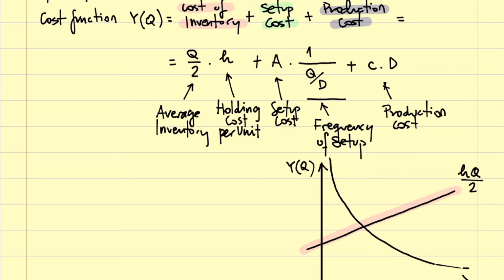Then we have the green curve, which is 1 divided by Q, or in other words, AD divided by Q. The higher the order quantity, the less setup cost I have. This is also logical. And we have a constant that does not depend on Q, C times D.